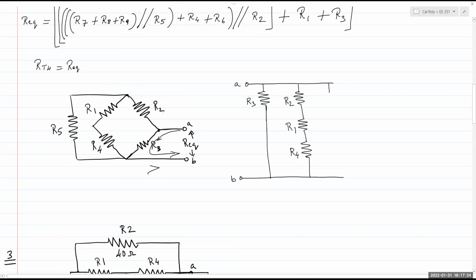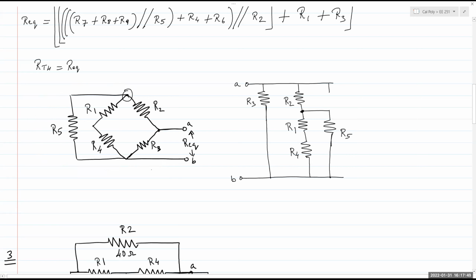Then I have one more resistor, and that resistor is R5. I can see R5 is connected up top here between the points of R2 and R1. And it starts from there and is connected all the way to B. So I'm going to draw the line and connect it right there.